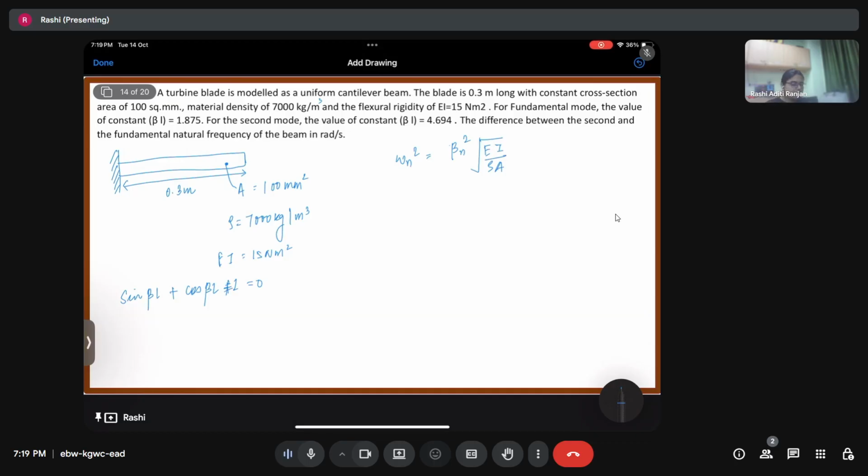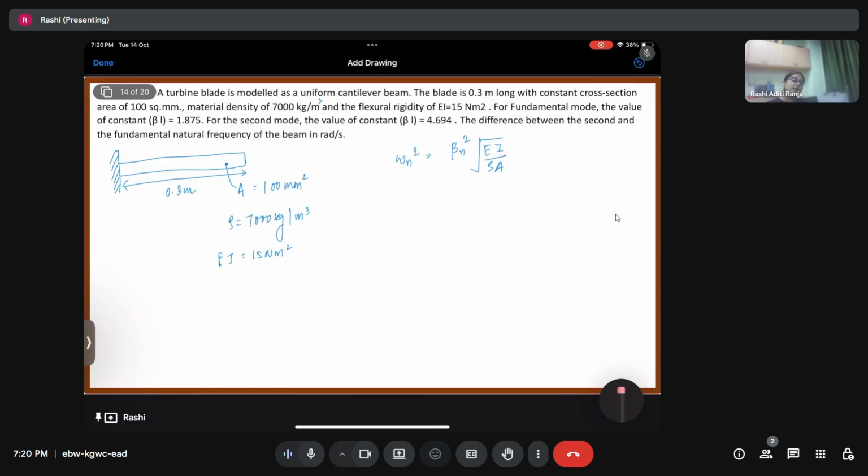I don't know, there was some expression like this which was being used. Was it plus or multiplication? I guess it was multiplication, maybe. I'm not so sure about this, maybe you can just check. I don't remember the expression correctly. But from this expression we solved and got the values of beta L. So beta L values we know.